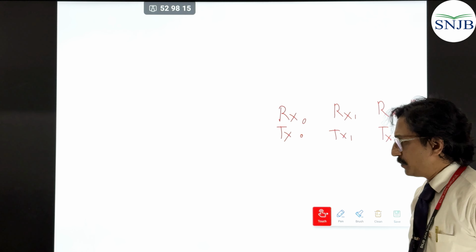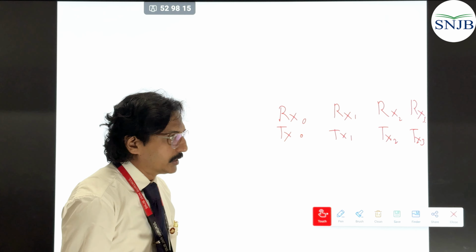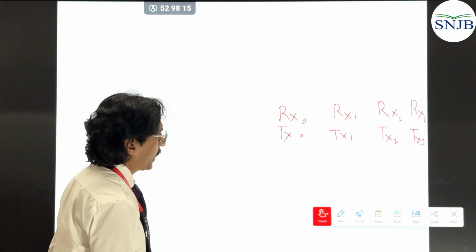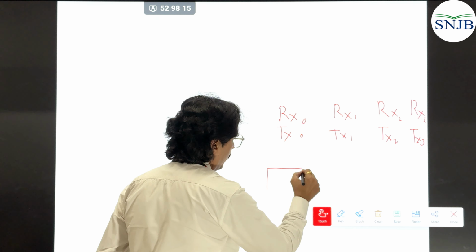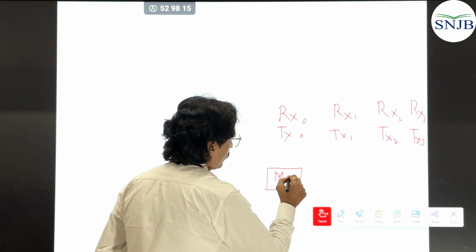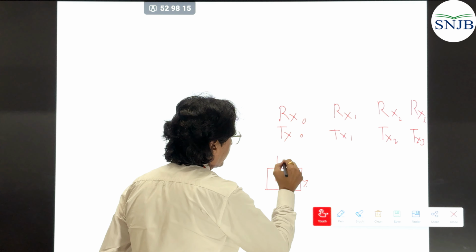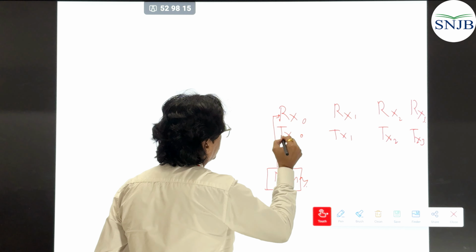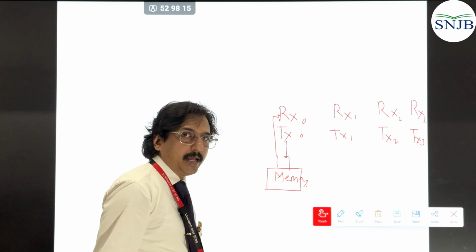So which kind of devices can we connect? Serial peripheral devices. For example, if we have memory, that memory can be connected to this Rx and Tx.